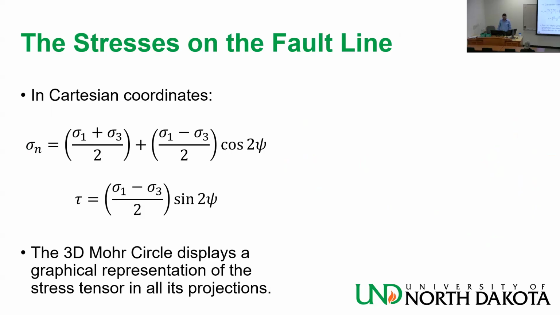The 3D Mohr circle displays a graphical representation of the stress tensor in all its projections. And actually, the Mohr circle, like I said before, is not just for shear failure. It can also do tensile failure. We don't do it in this class, but there is a lot of stuff you can do in the Mohr circle or the polygon as well.